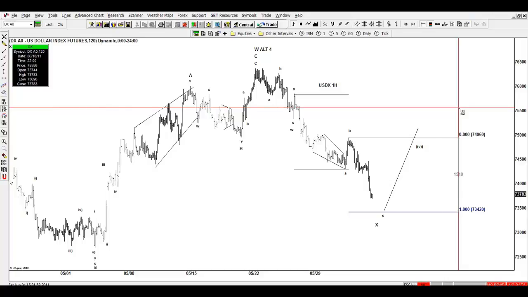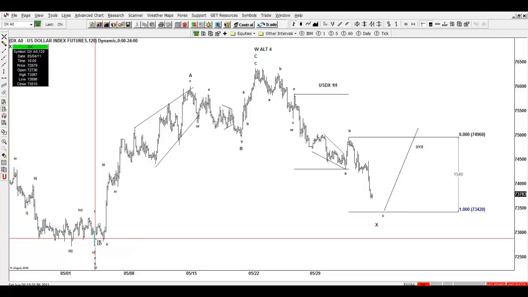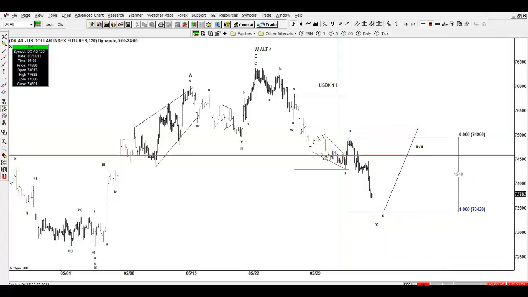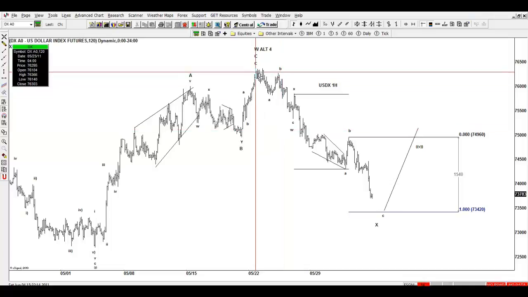We're getting very close to this low right here, which is around the 72.90 area, and that low can be taken. Let me show you. We will be presenting counts on the weekly that show this can be the way forward.